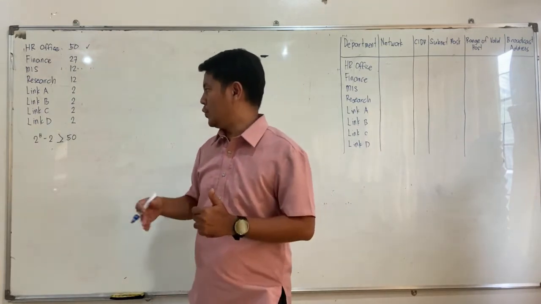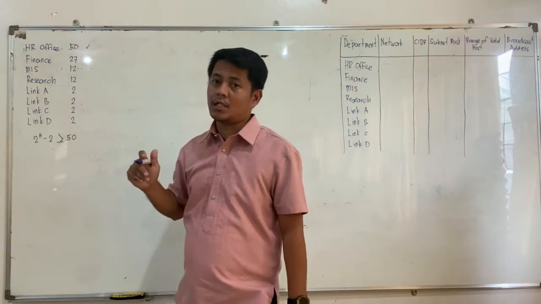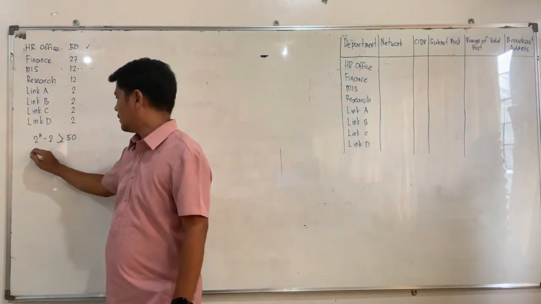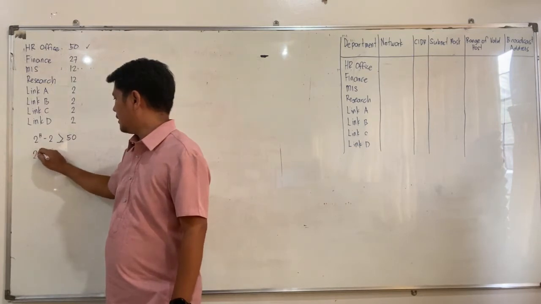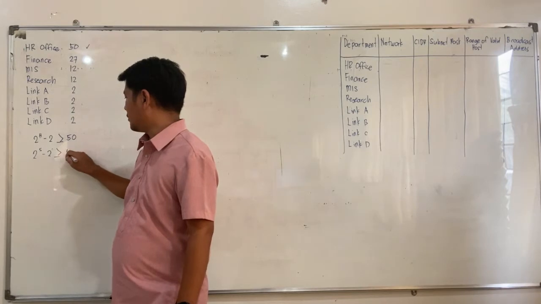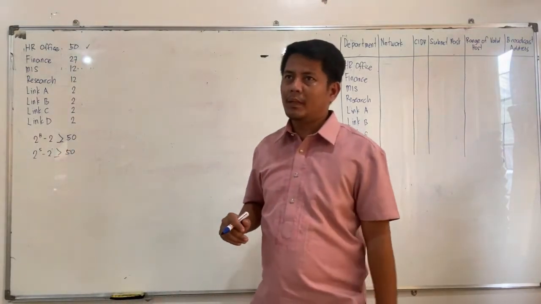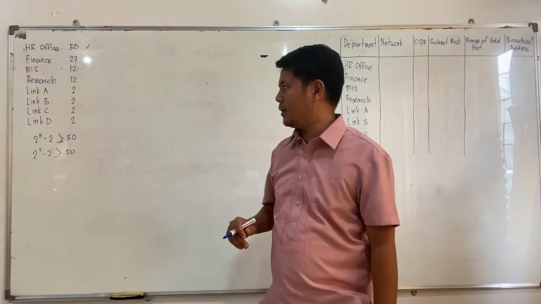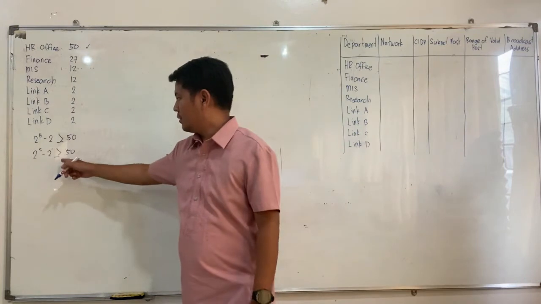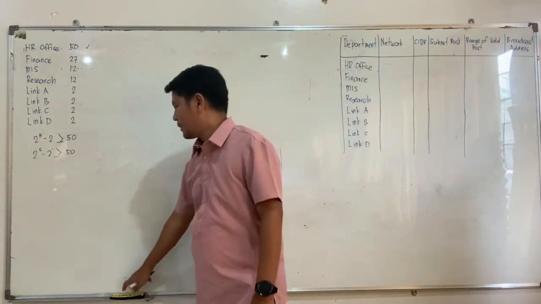Now, we do some trial and error again. What is h? Let's try h equal to 5. If h is 5, that's 32 minus 2, or 30, so this will not satisfy our requirement of 50.